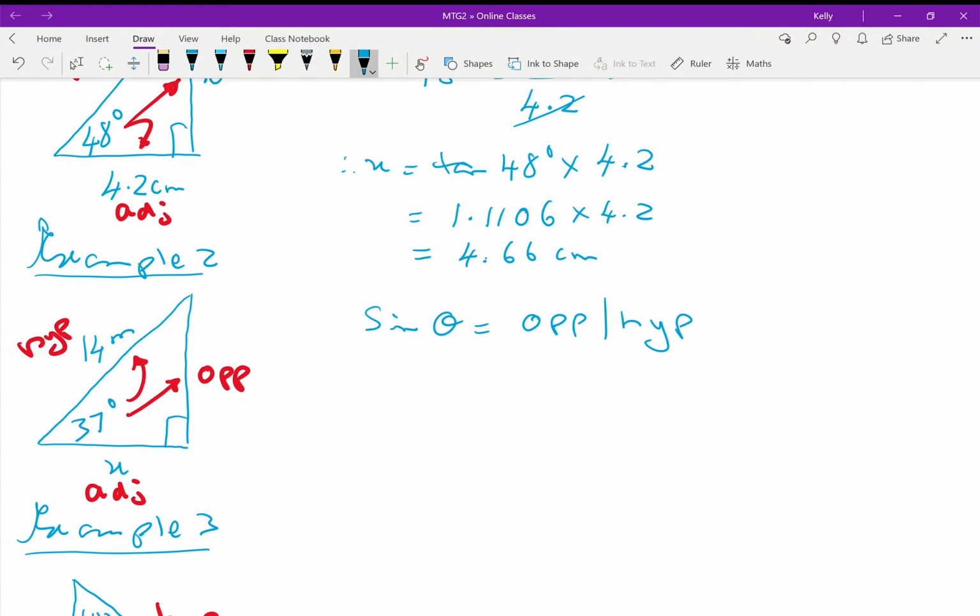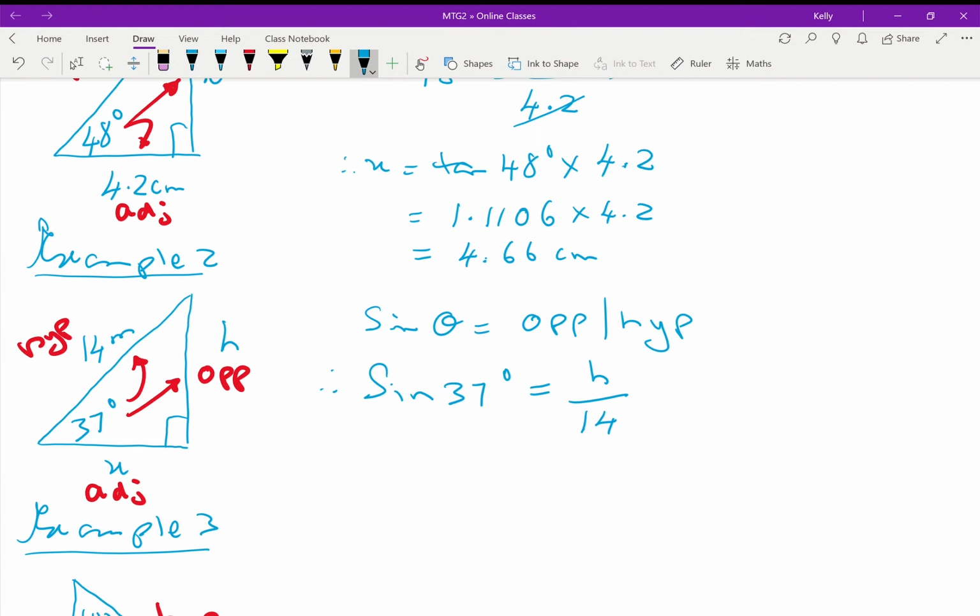My opposite side I don't know, so I'll put an unknown in there. I'll just put that one in as, say, h for height. It could be an x and a y, just any character, so that you know that it's the unknown side. And the hypotenuse side is 14 metres. So I substitute my values in, I get sine 37 degrees, and my opposite side is going to be h divided by 14, which is my hypotenuse.